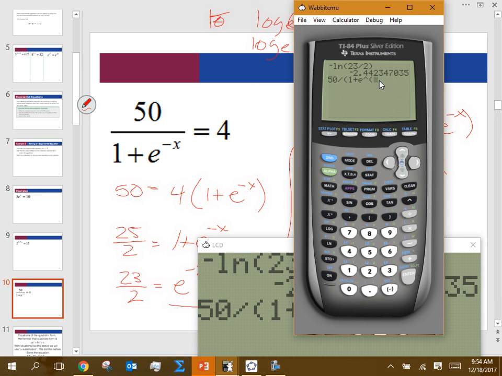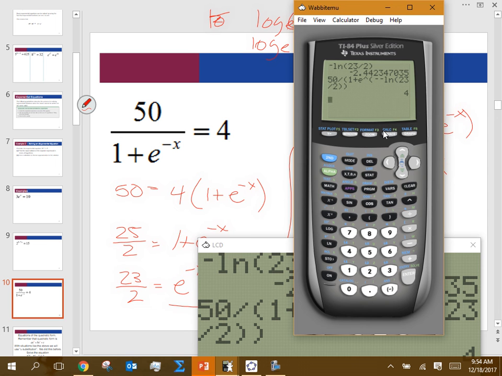But now it's negative x, so hit my negative key, and then hit the x. Oh, I can't, because I didn't store x yet. So actually, I have to type in negative ln of 23 halves. I'll show you a better way in a moment. Then hit enter, and it does give me that 4.